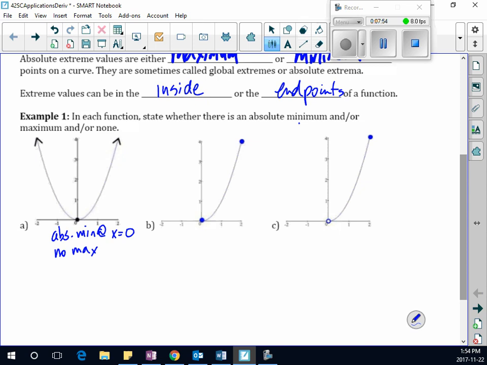Yes, so an absolute minimum at x equals 0 and an absolute maximum at x equals 2. What about this one? This is a circle not filled in. Yeah, so that means there's no absolute min, but there's an absolute max at x equals 2. Everybody good with that?